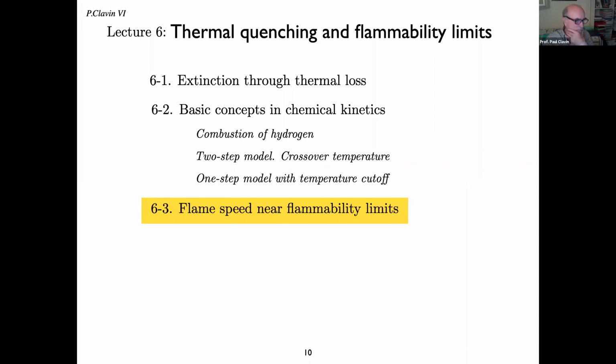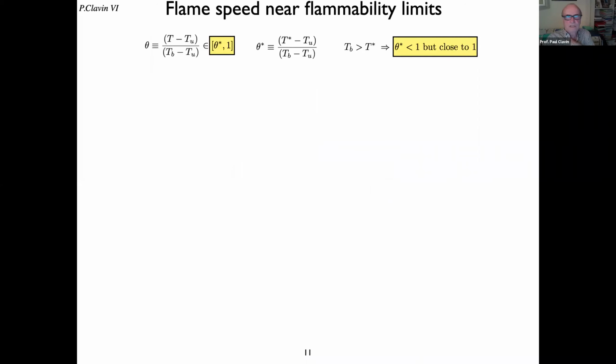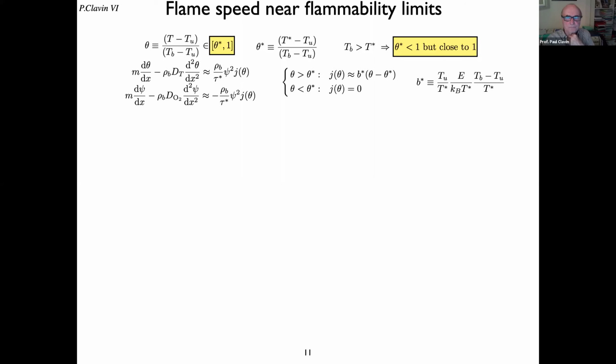In such a simple model, we can apply the same asymptotic method that we have used for the Arrhenius law, using the Zeldovich-Frank-Kamenetskii asymptotic analysis. The method is similar.